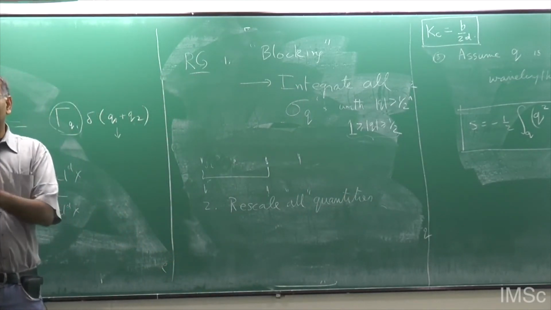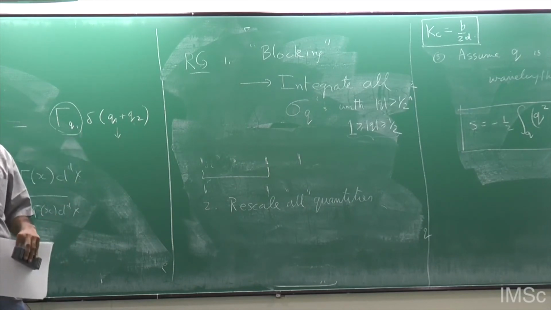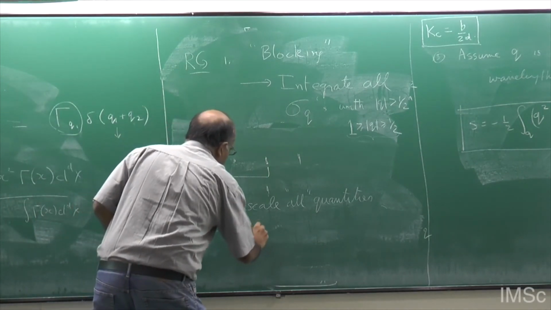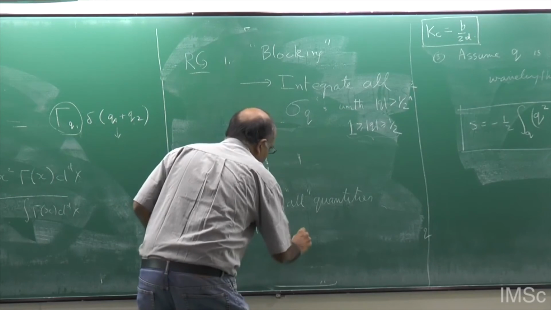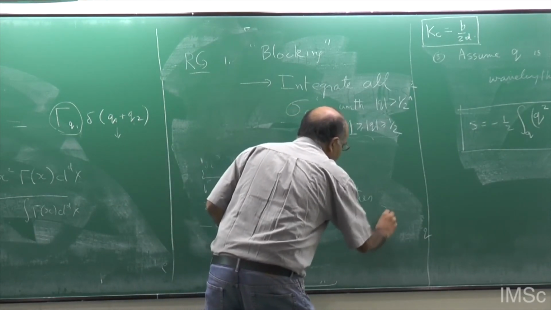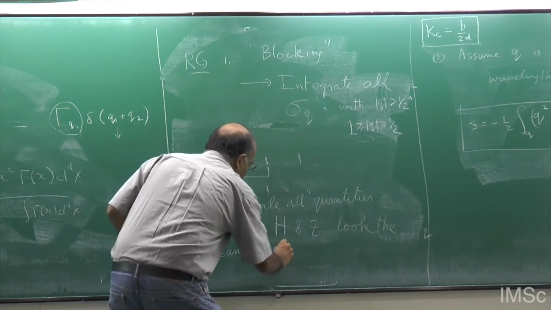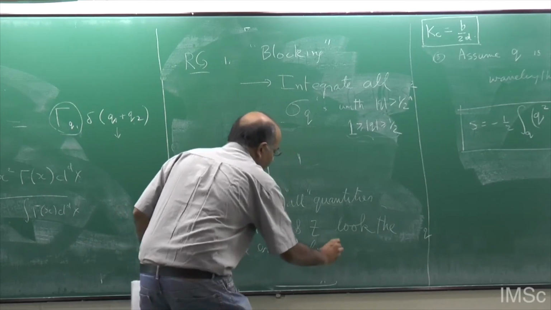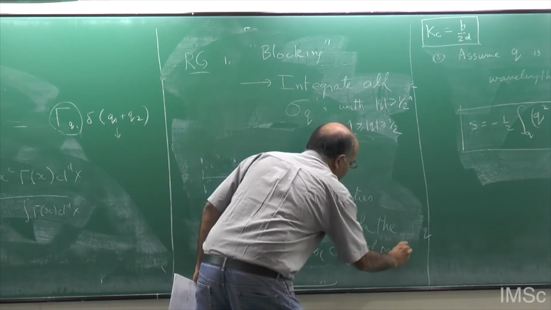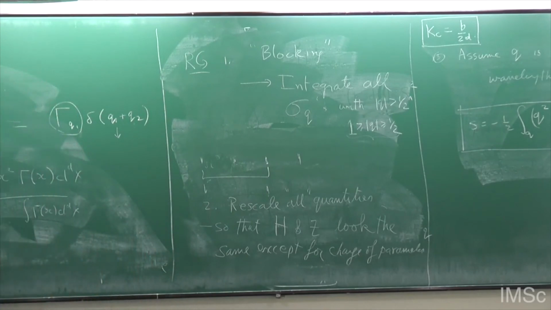You want to make your final Hamiltonian H and the functional integral Z look exactly the same as the original one, except for a change of parameters. So in our case, the only parameter is r. In this trivial example, r is the only parameter.